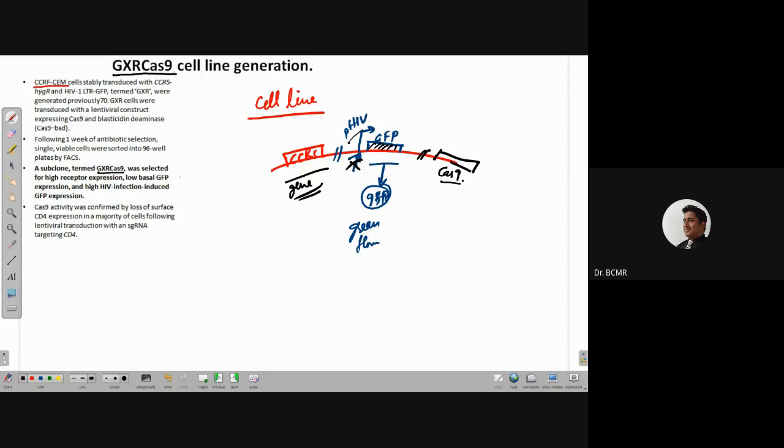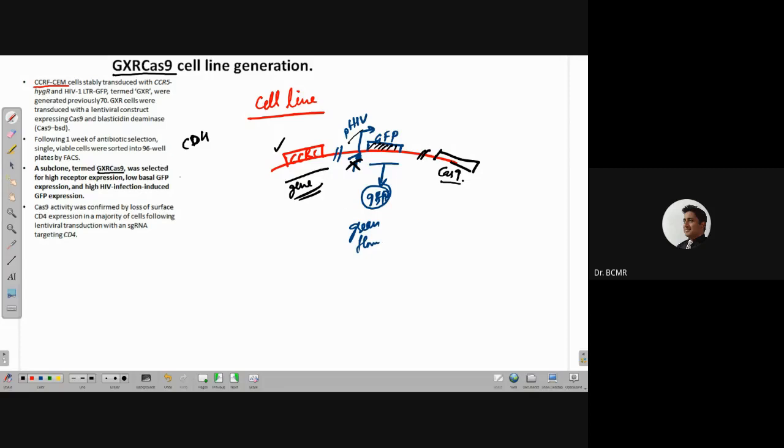GXR Cas9 has three components that are relevant to this particular study. One is that it has CCR5. This cell line is based on CD4 cells. They constructed it a long time ago, and many people have been using it, I guess.